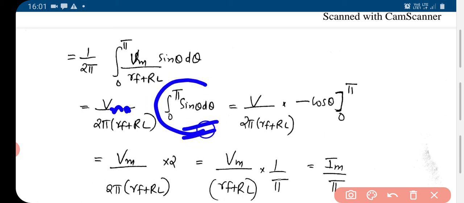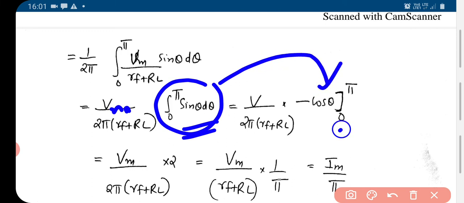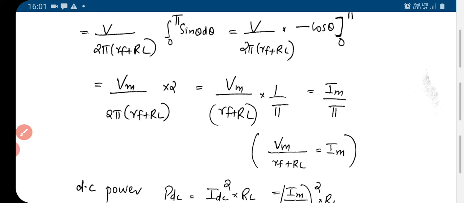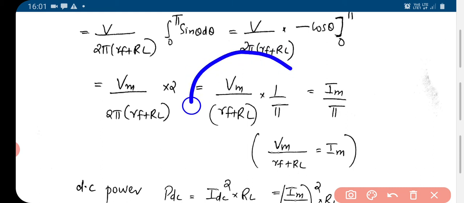As you integrate this, you get minus cos theta. With the limits 0 to pi, you will get 2 here, and this 2 cancels with the 2 in the denominator, and what you get is Vm by Rf plus RL into 1 by pi.